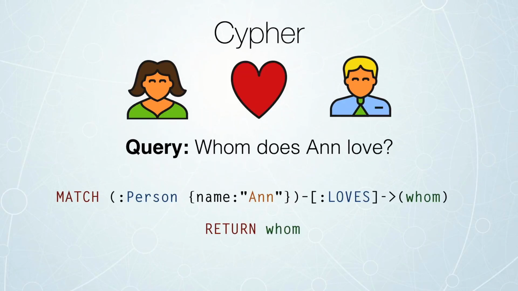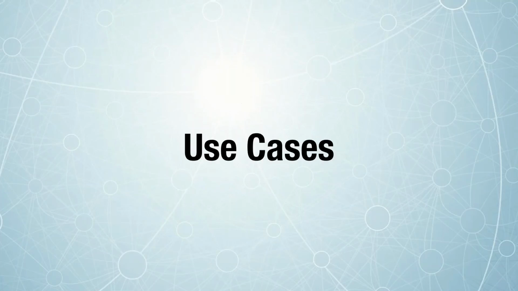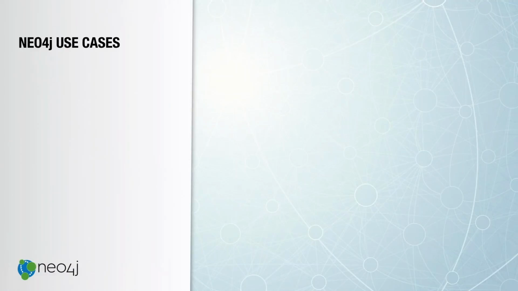All right, so let's get into some use cases here of Neo4j and Graph Databases. The use cases are plentiful. One of the challenges that we've had is explaining to people how graph databases are better for use cases other than social networks.